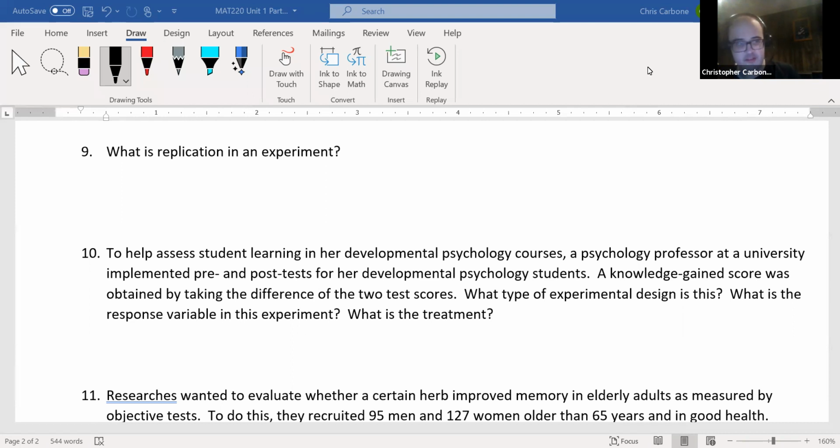And to start this off, we want to know what is replication in an experiment.